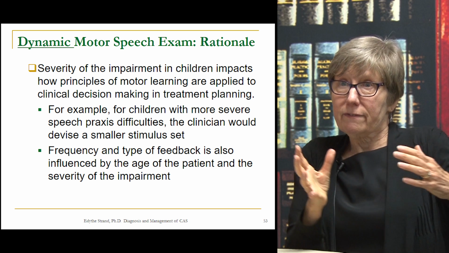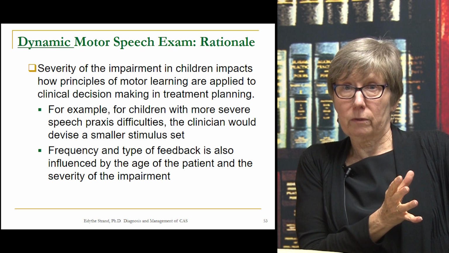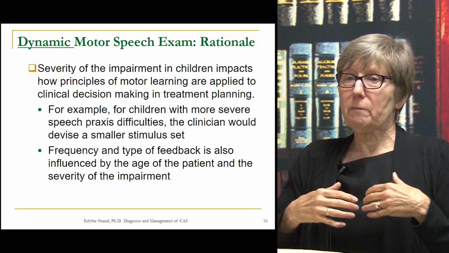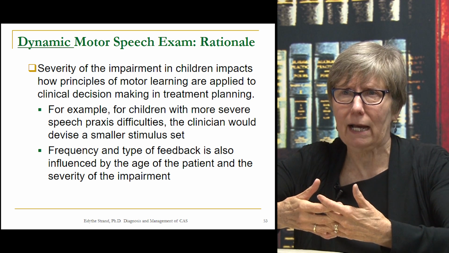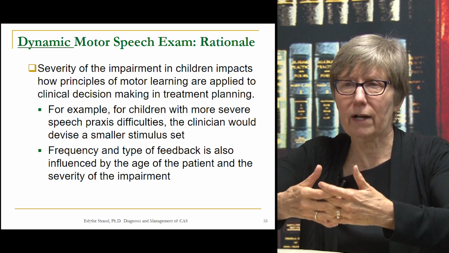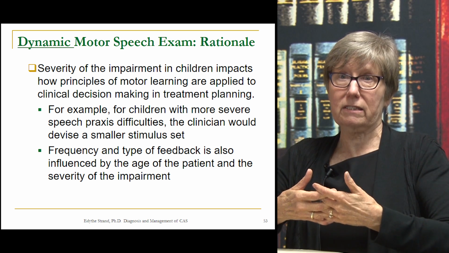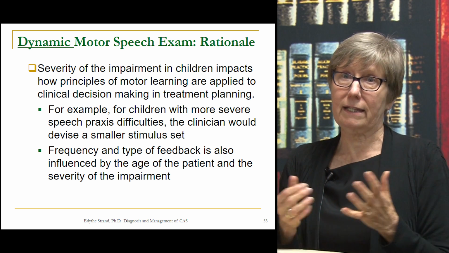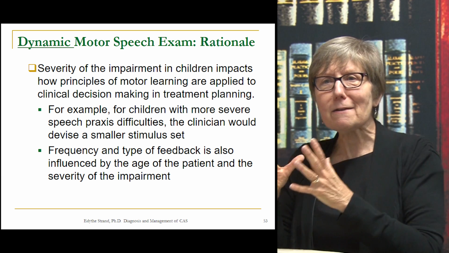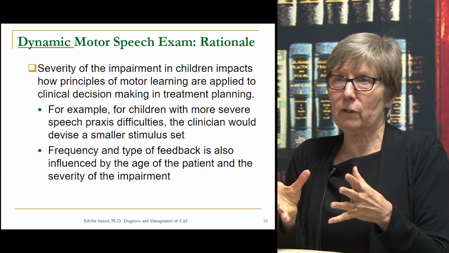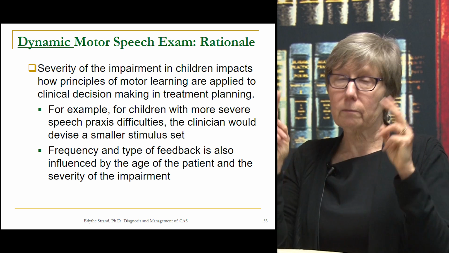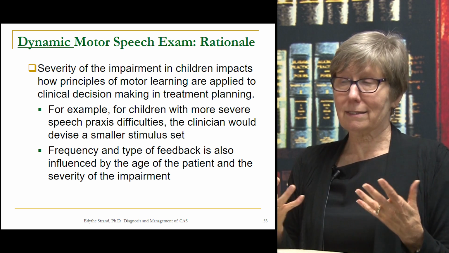And we know that if the impairment in motor planning, processing, is more severe, we're going to provide very specific feedback early on, and then gradually decrease the specificity and the immediacy and the frequency with which we provide that feedback. So the way we implement these principles of motor learning depends on how severe the motor programming problem is.